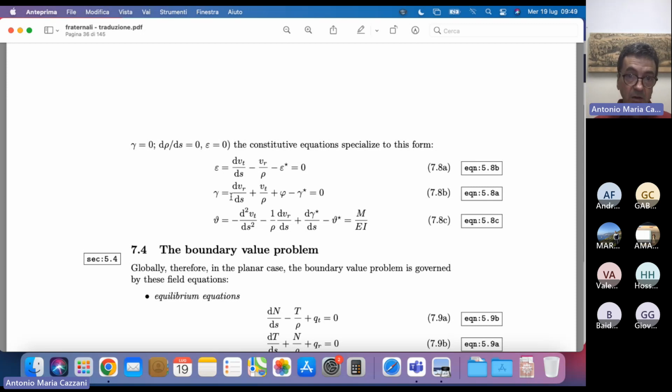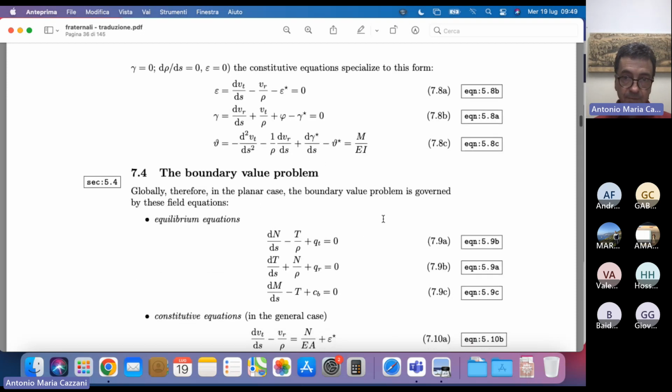Instead, the only governing equation in terms of constitutive law is that which connects the generalized strain in terms of bending moment and bending moment.